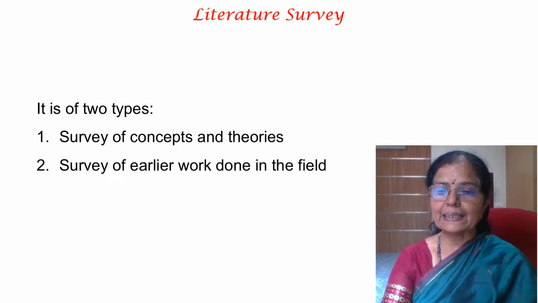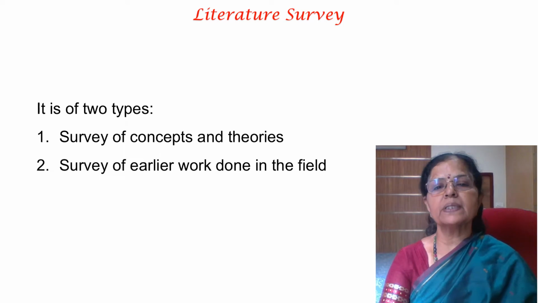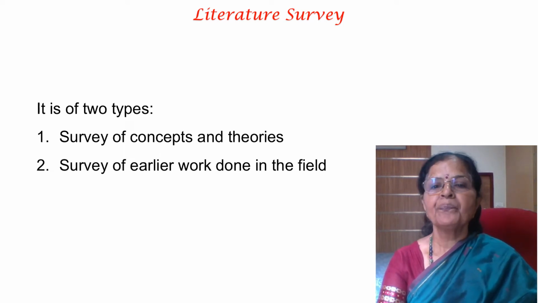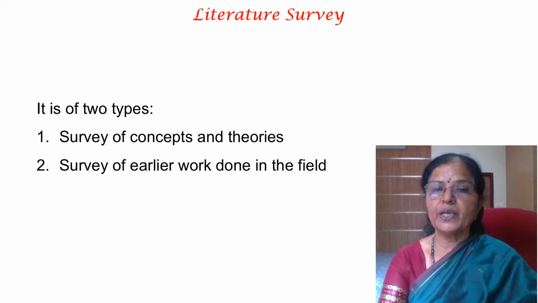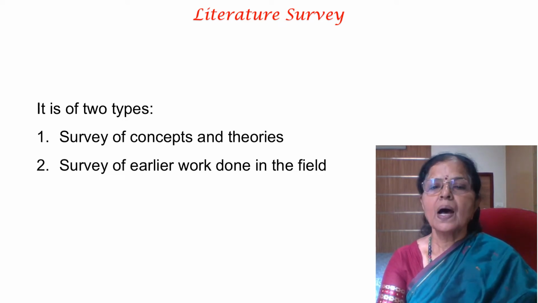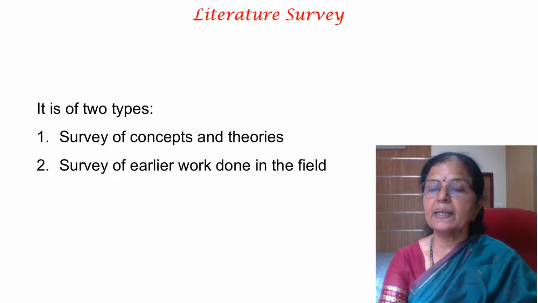Now, the second step in the research process is literature survey. This step involves reading a lot in order to gather knowledge in the chosen field. Already a broad area is chosen, and then you have to define the problem. There are two types of literature survey. The first one is the survey of concepts and theories, and the second one is the survey of earlier work already done in the field.